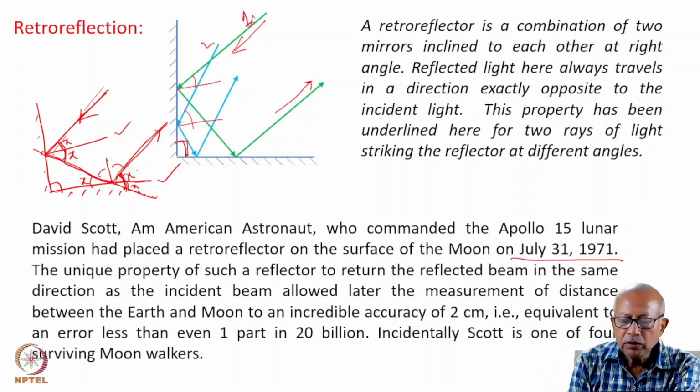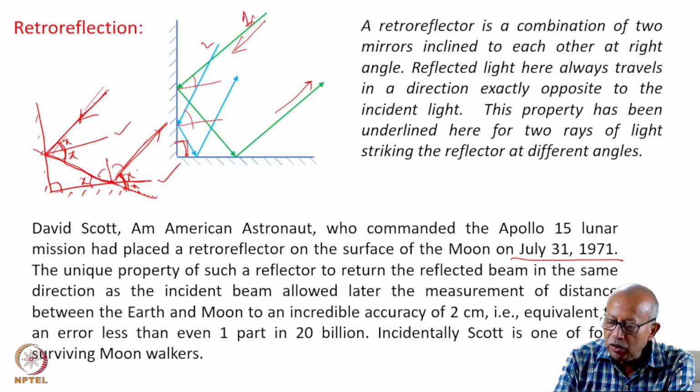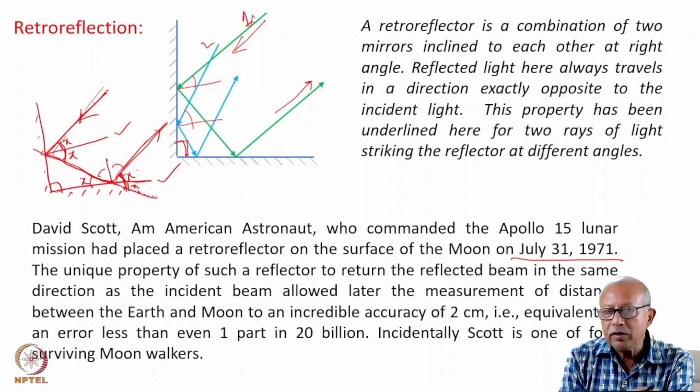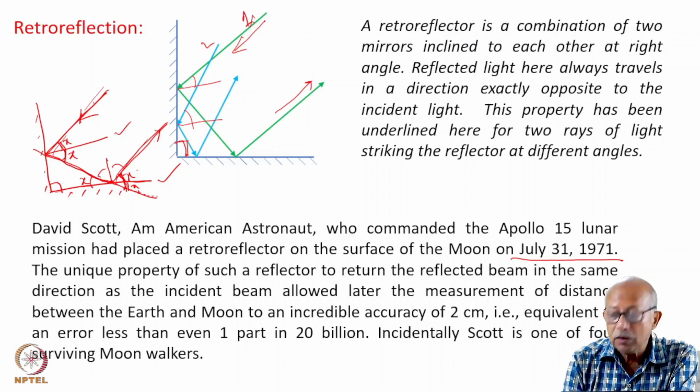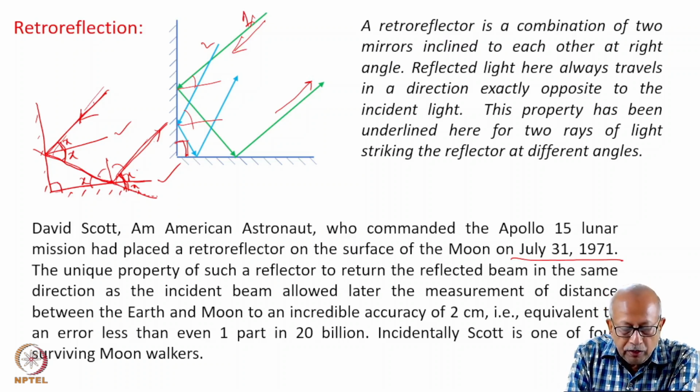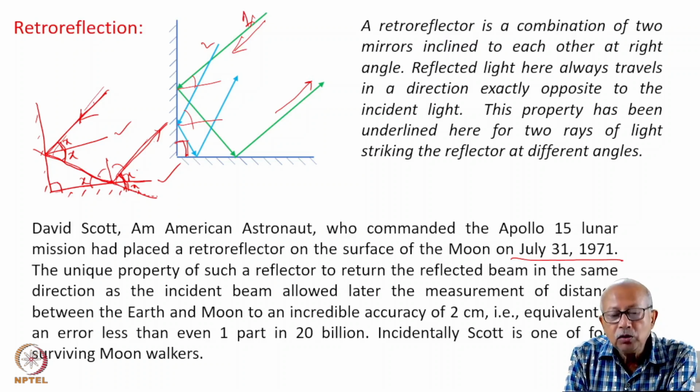The unique property of such a reflector to return the reflected beam in the same direction as the incident beam allowed later the measurement of the distance between the Earth and Moon to an incredible accuracy of just 2 centimeters, which is equivalent to an error of less than even 1 part in 20 billion.